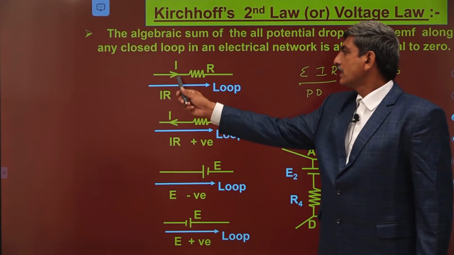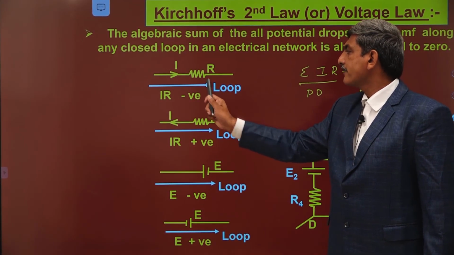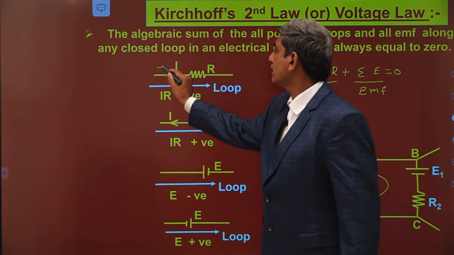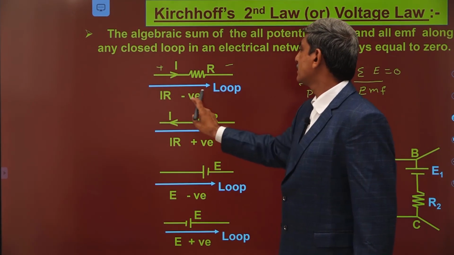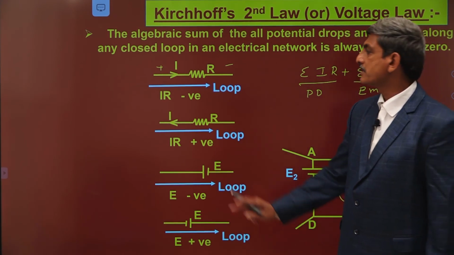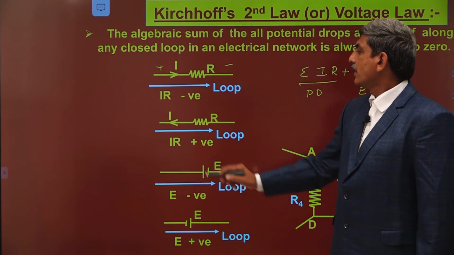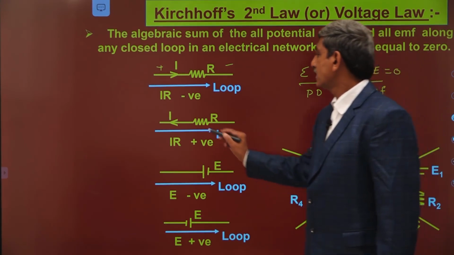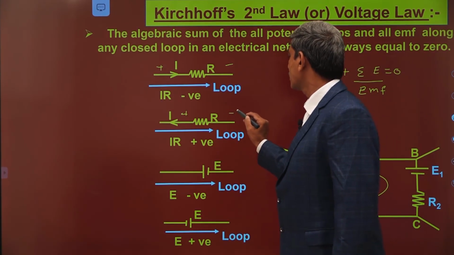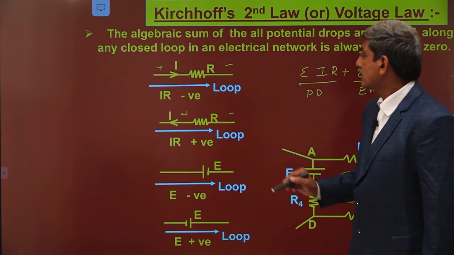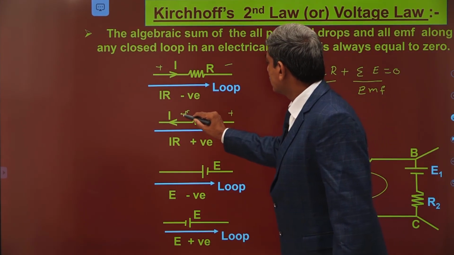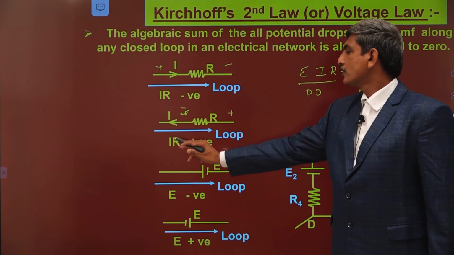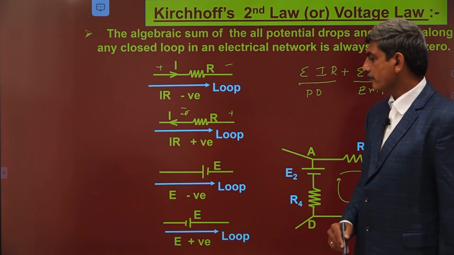If the direction of the current and the direction of the loop are in the same direction, there is a fall in potential and that must be taken as negative. That means the IR is negative. If the direction of the current and the direction of the loop are in opposite directions, then there is a rise in potential. The rise in potential is taken as positive, so IR is taken as positive.